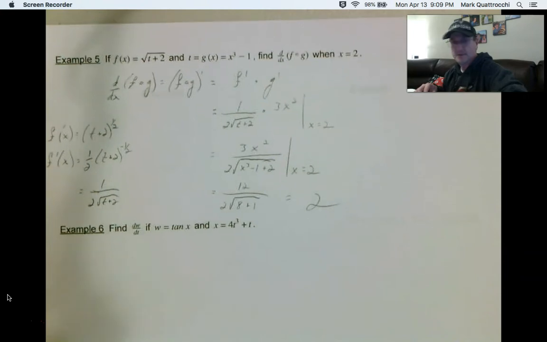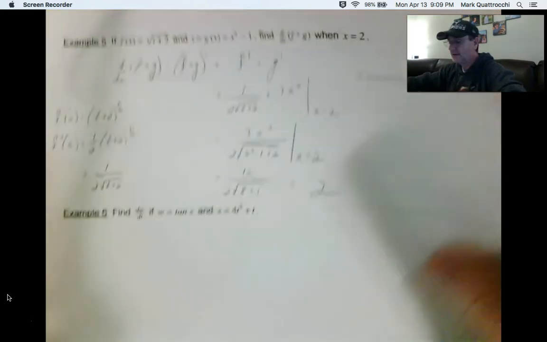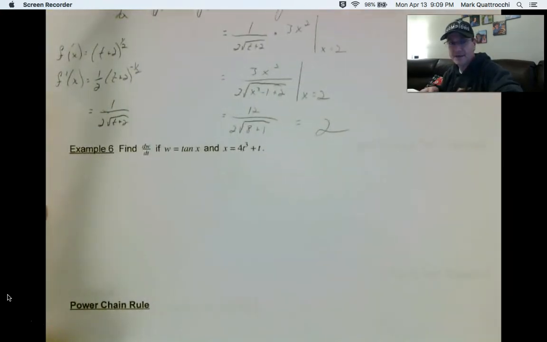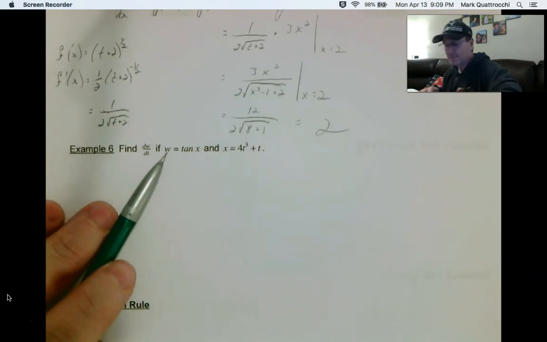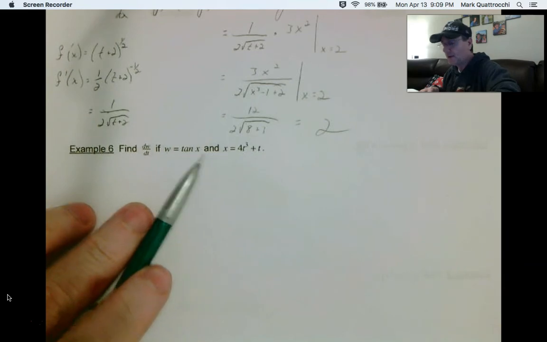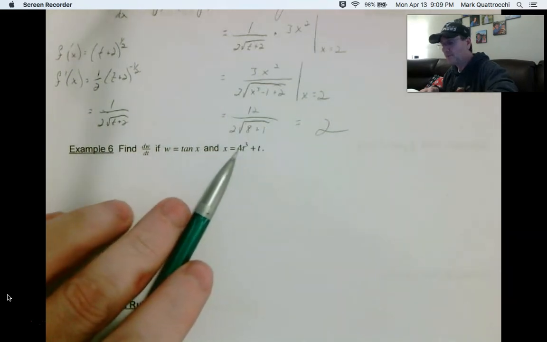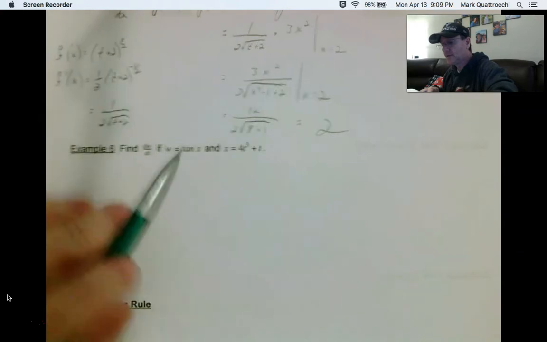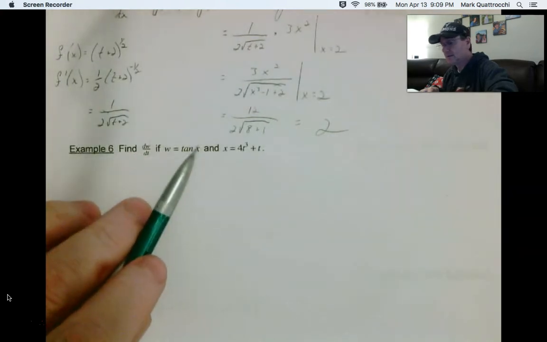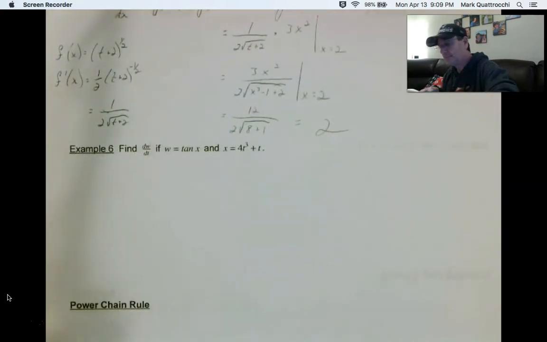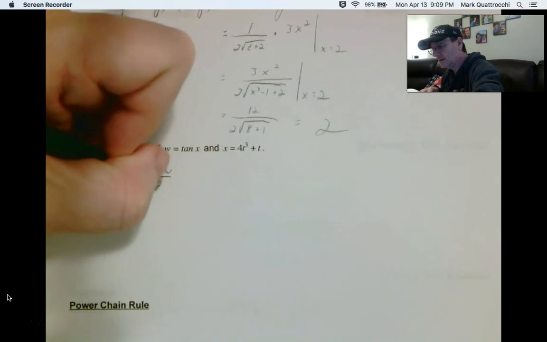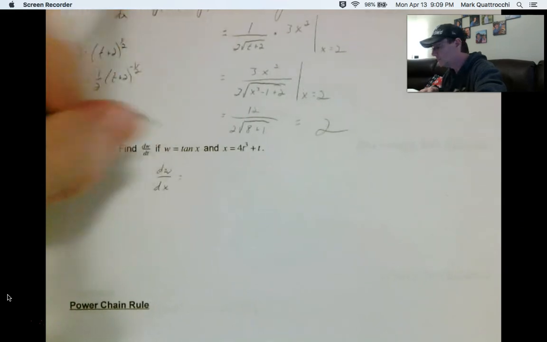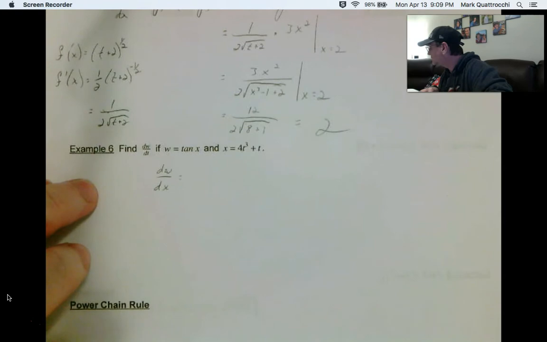All right, example 6. We want to find dw/dt. So we can find the derivative of w with respect to x. We can find the derivative of x with respect to t. So dw/dx times dx/dt will get us dw/dt. So dw/dx is equal to the derivative of tangent.